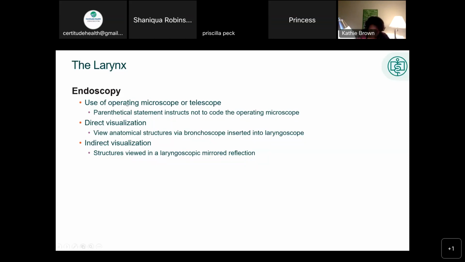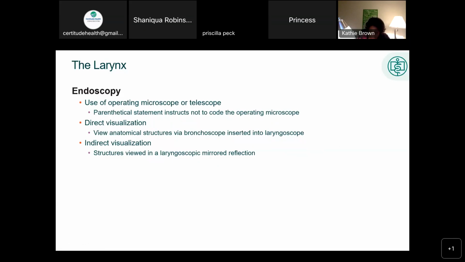So the difference is, direct visualization means that you're viewing the anatomic structures via a bronchoscope that was inserted into the laryngoscope. Wish they had a picture. So you're using a bronchoscope, which is a scope for the lungs, and then they're putting another scope or camera inside that bronchoscope, and that would be direct.